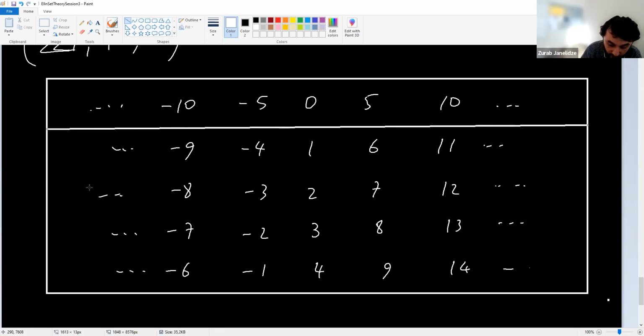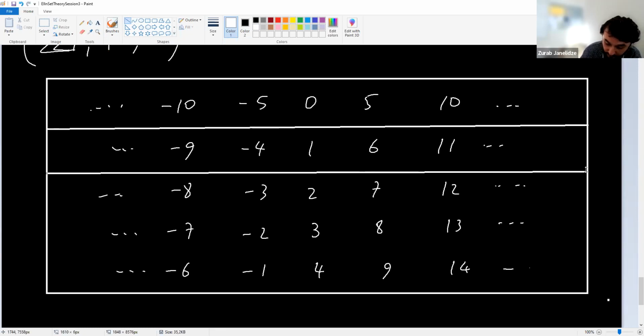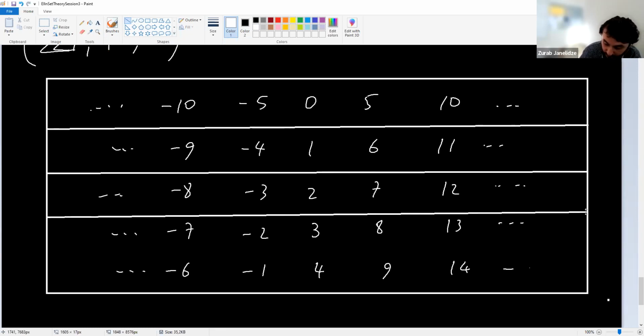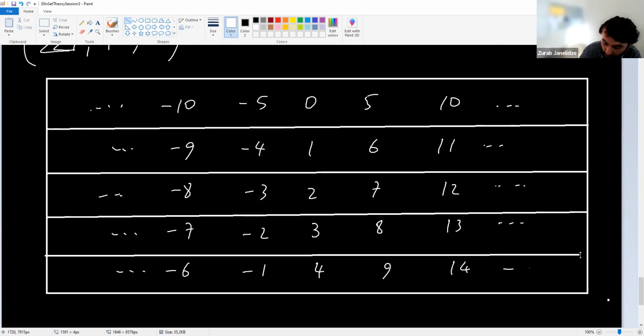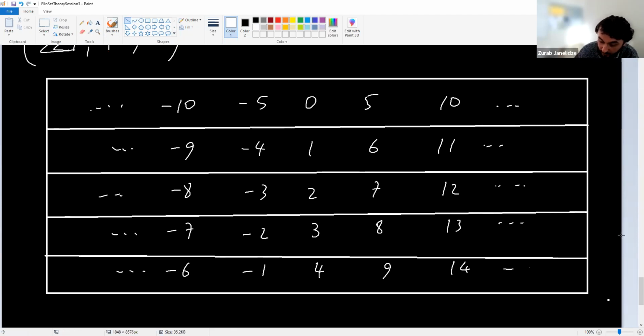So we have 5 groupings here. And this new set that is created out of this, so these groupings themselves are now elements of the new set.